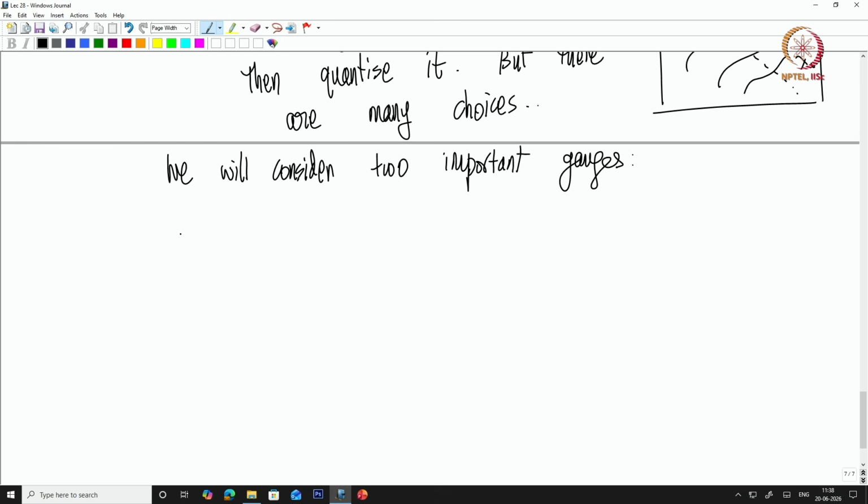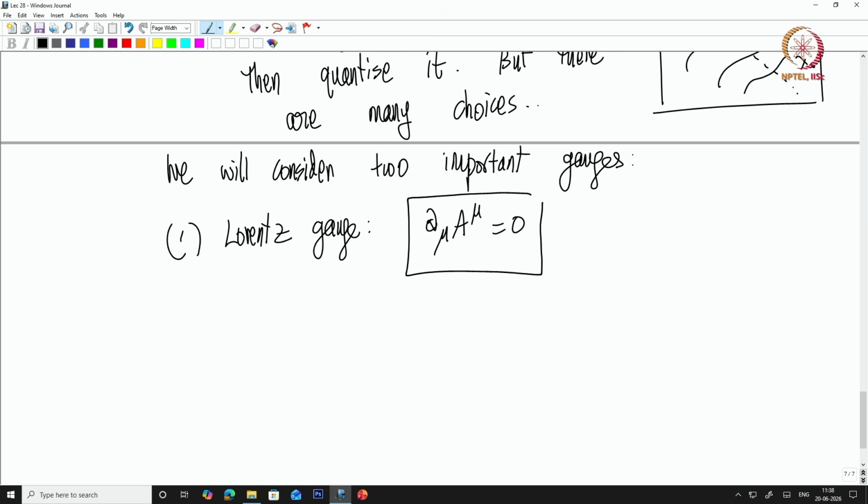One of them is the Lorenz gauge. This is the main gauge, the most important gauge, and after a small detour to Coulomb gauge, we will be using this gauge most of the time.